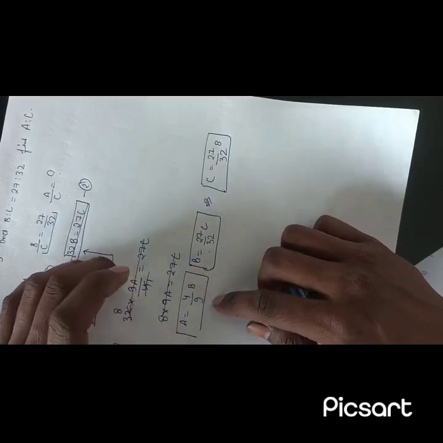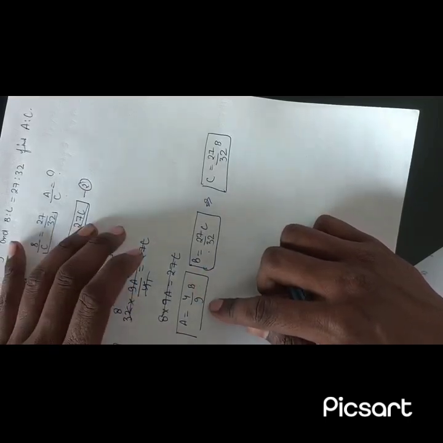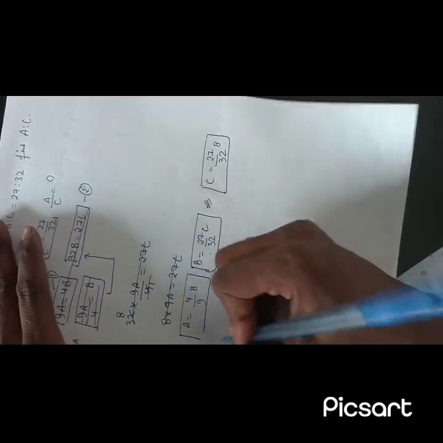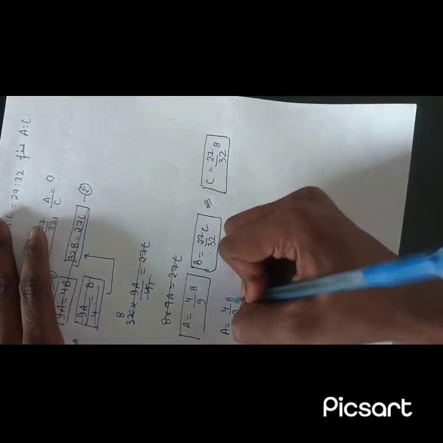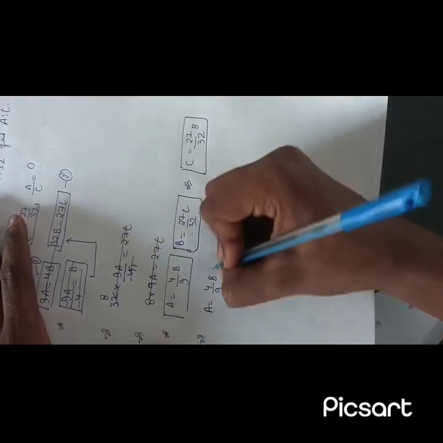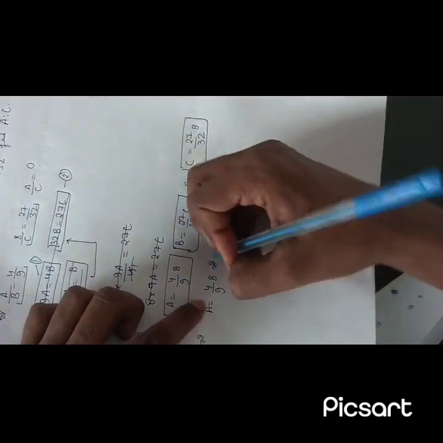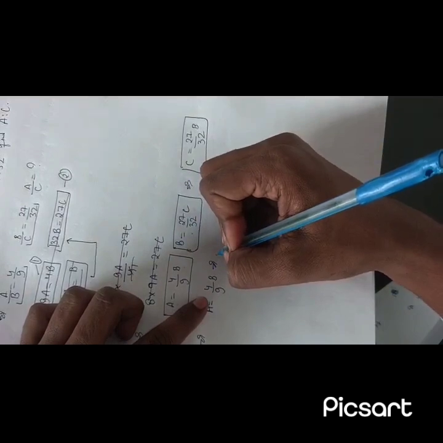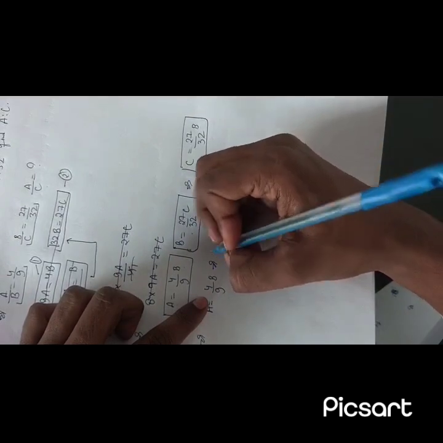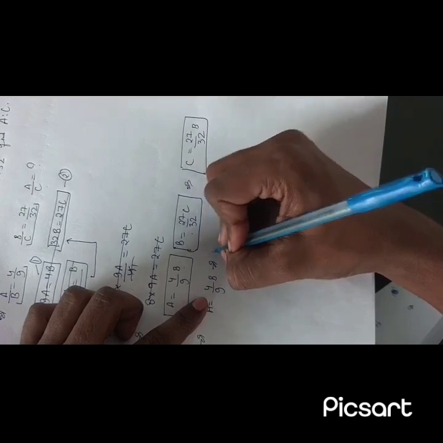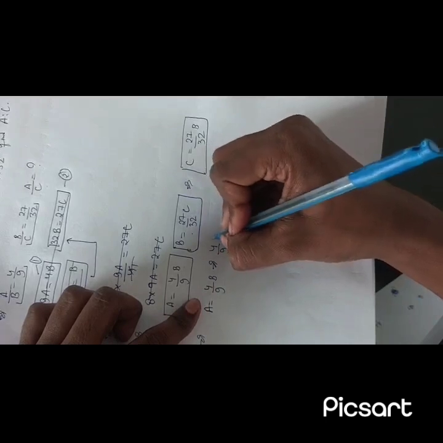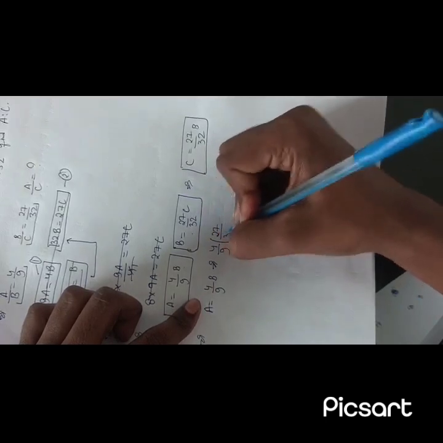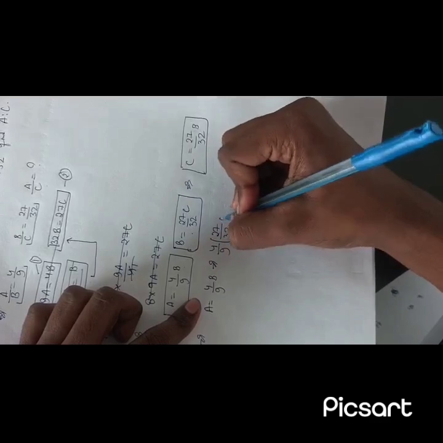Okay, so now what we can do over here, I told you that a is equal to 4 upon 9 b. So from here we have to substitute the value of b, that is 4 upon 9 times 27 upon 32 c.